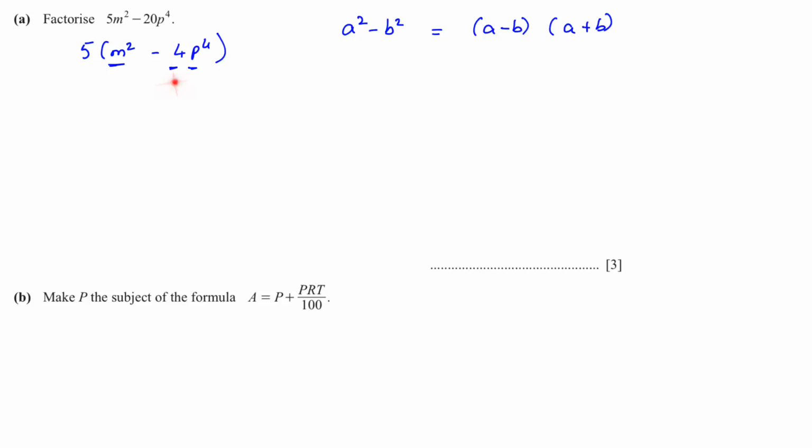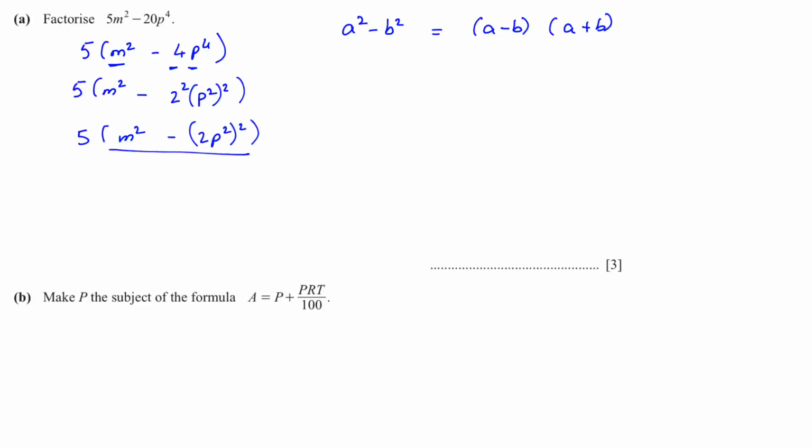We will write this term in the format of a square. We already have m as a square, so 5m square. 2 can be written as 2 square, and p square square. So if we simplify this, we can write it as 2p square bracket square.